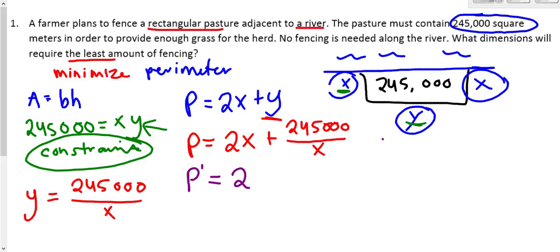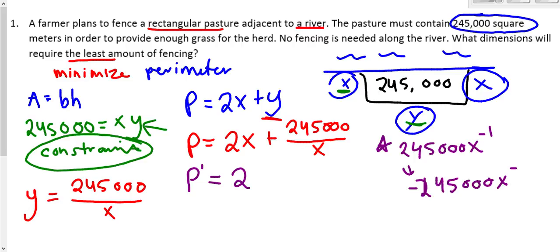And here, remember, this means that we have 245,000 times x to the negative 1. So that's how we can take the derivative of it. So when we take the derivative, we'll have negative 245,000 x to the negative 2. And how we will rewrite that in our equation is negative 245,000 divided by x squared.